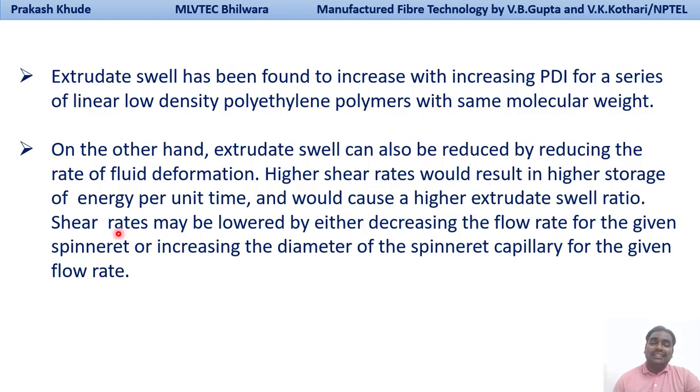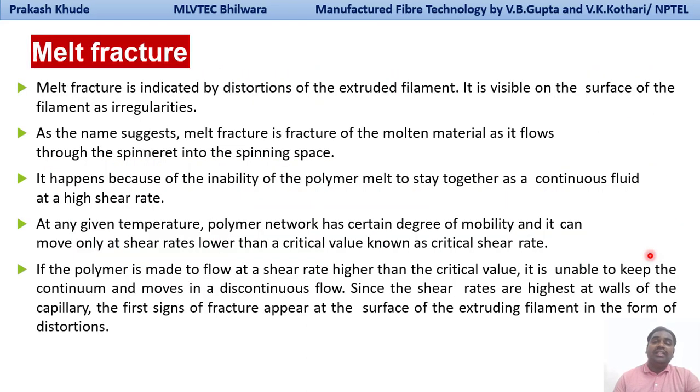The shear rate may be lowered either by decreasing the flow rate for a given spinneret, or by increasing the diameter of the spinneret capillary for a given flow rate. So these are the conditions by which we can reduce the extrudate swell or die swell.